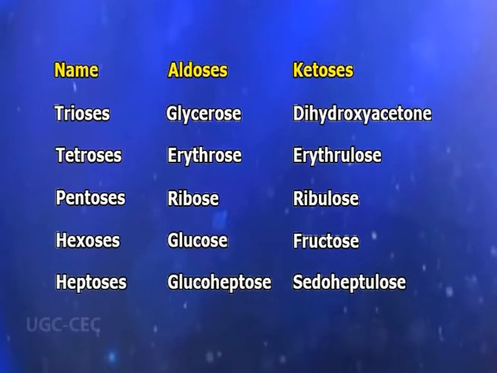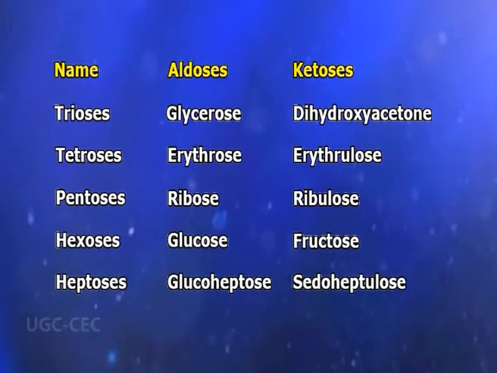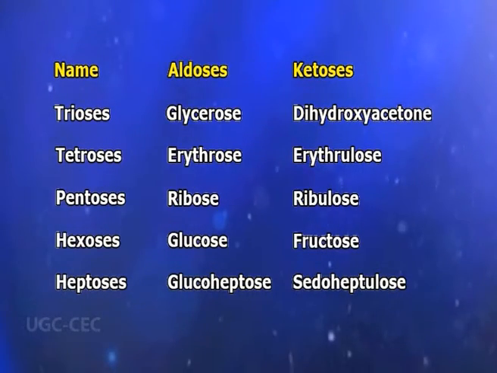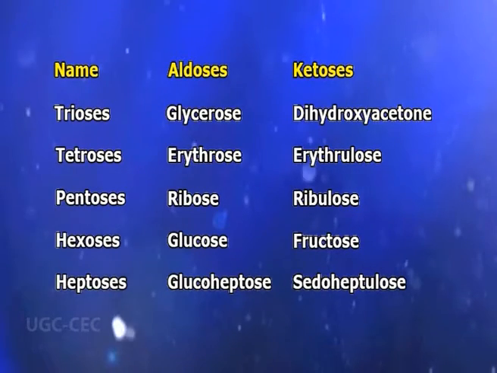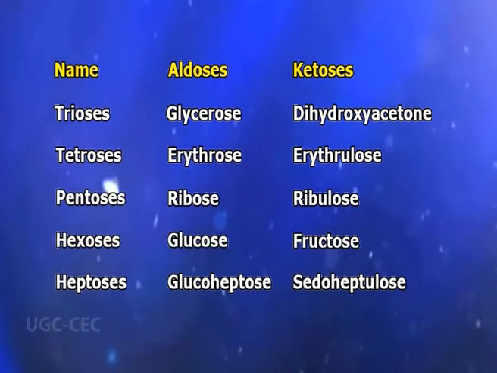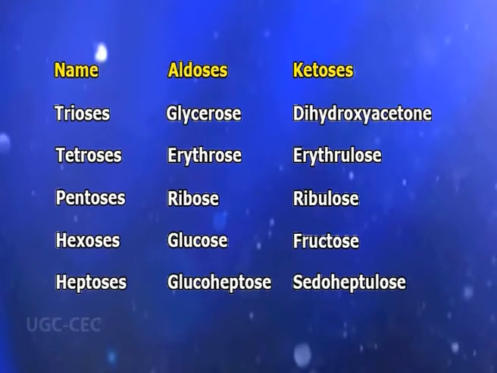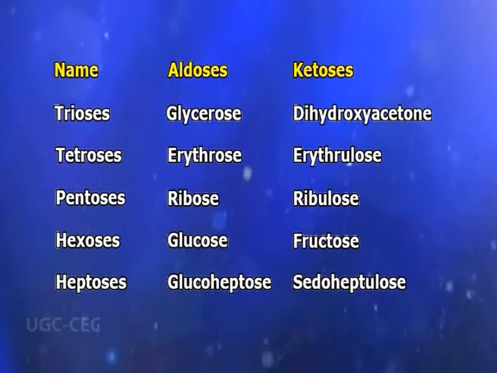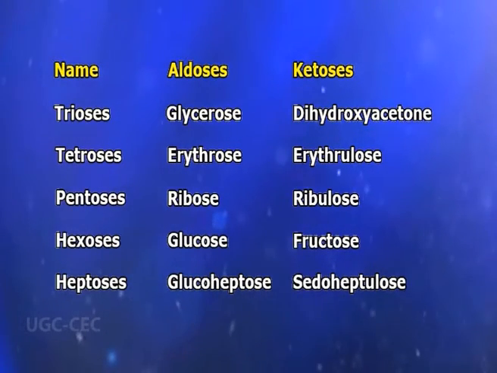The examples of aldose and ketose for the triose sugar are glycerose and dihydroxyacetone respectively. For tetrose sugar they are erythrose and erythrulose. For pentoses they are ribose and ribulose. For hexose they are glucose and fructose, and for heptose they are glucoheptose and sedoheptulose respectively.